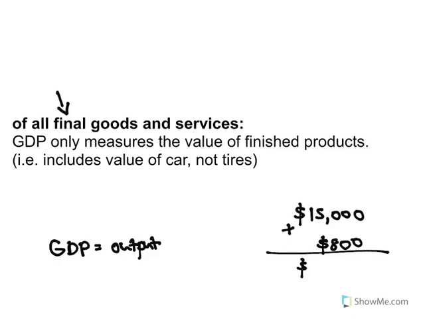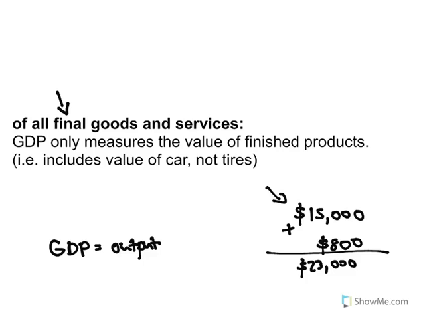That means you're valuing the car at $23,000, which is more than what the price tag actually was. And so we don't want to basically double count anything and overstate or inflate GDP. We want to get an accurate reading of gross domestic product. And so we only include final or finished goods and services.